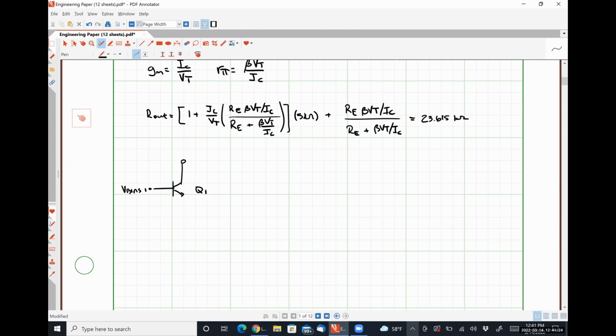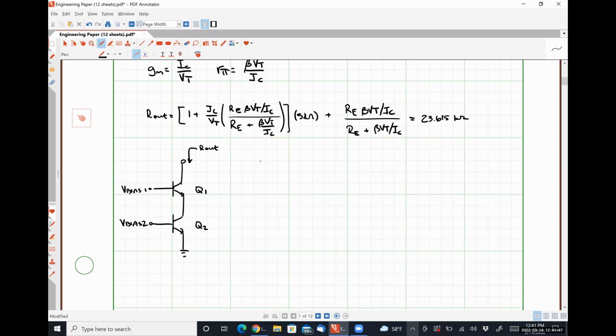This will be Q1. This will be Q2. And we'll call this bias voltage V bias 2 when we're looking in through the output terminal.